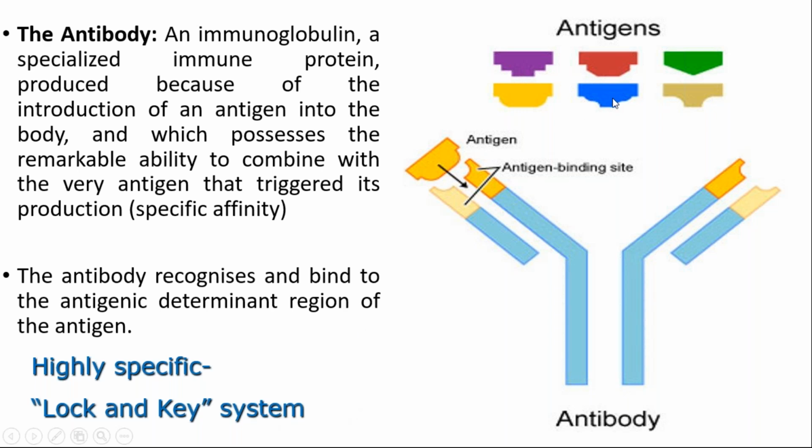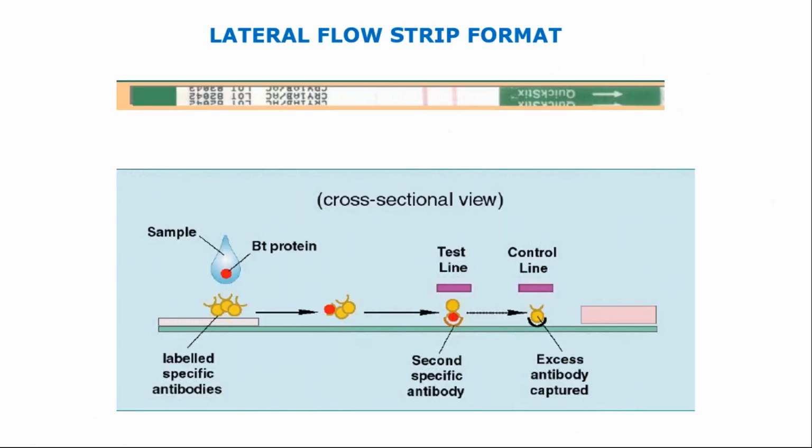You see this blue antigen cannot bind, neither can this green antigen bind. Only this antigen can bind because it fits exactly into the antigen binding site. And in fact, the antibody has been raised against this antigen. So in the lateral strip format, that is the dipstick test as we call it.